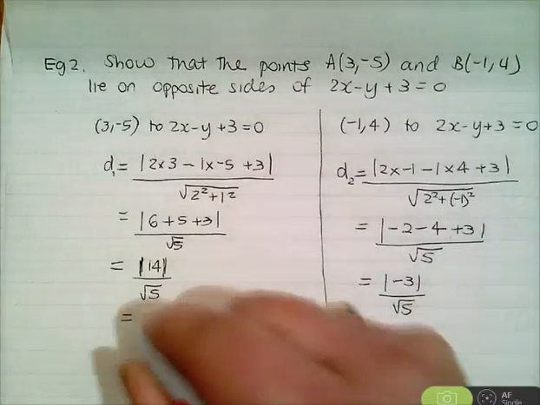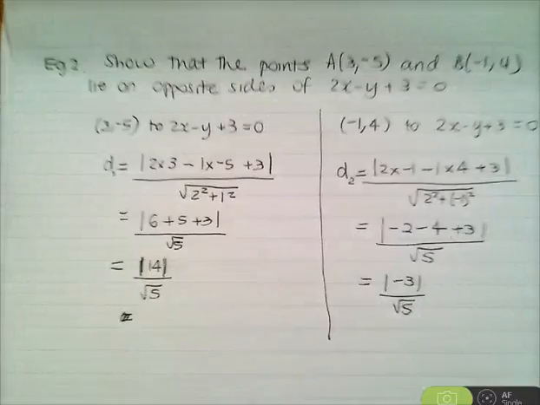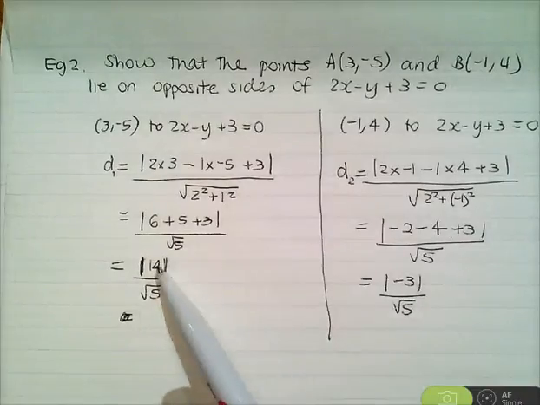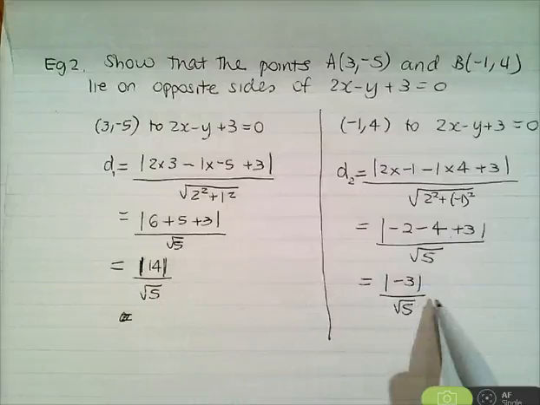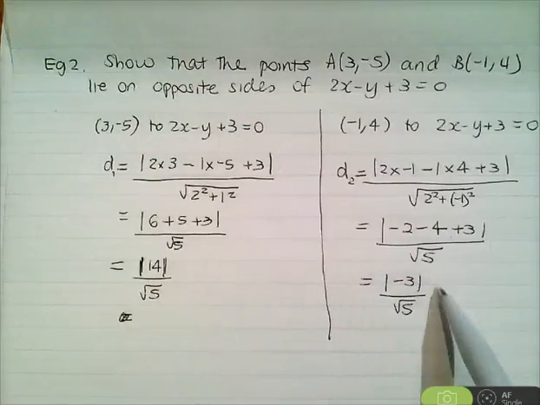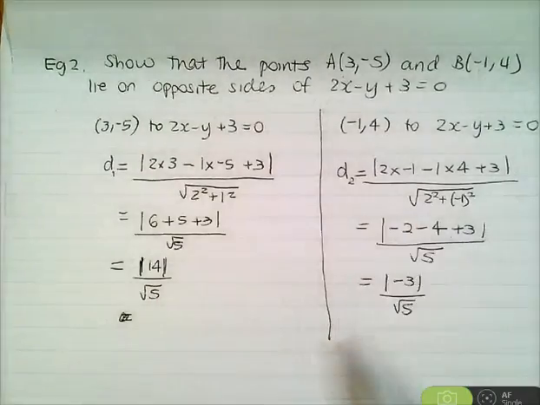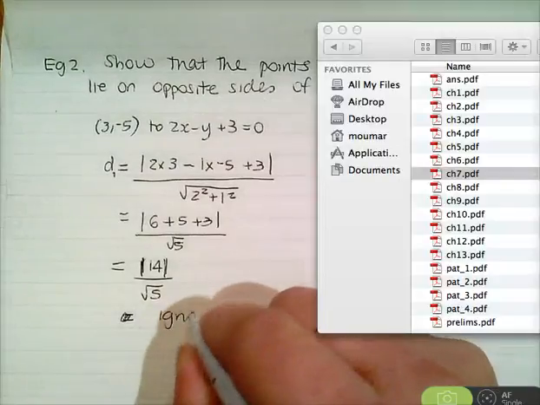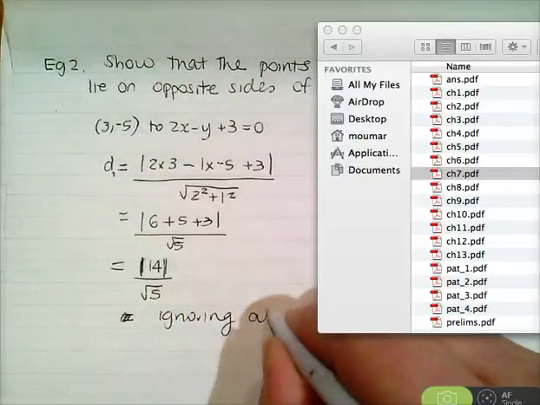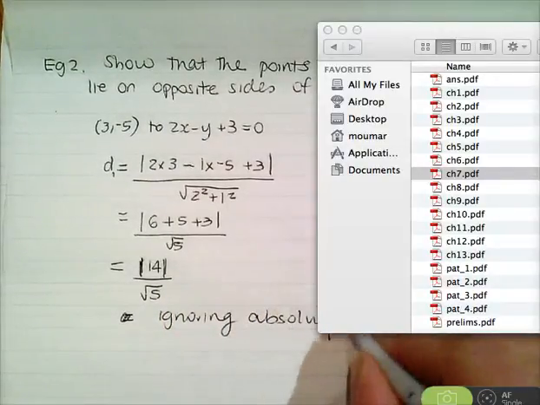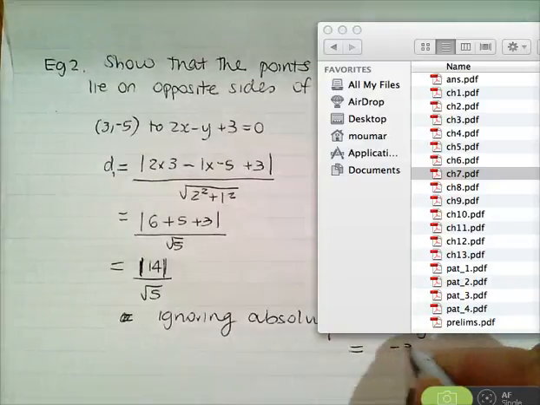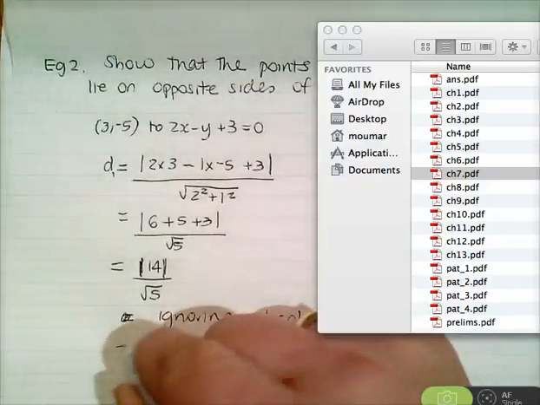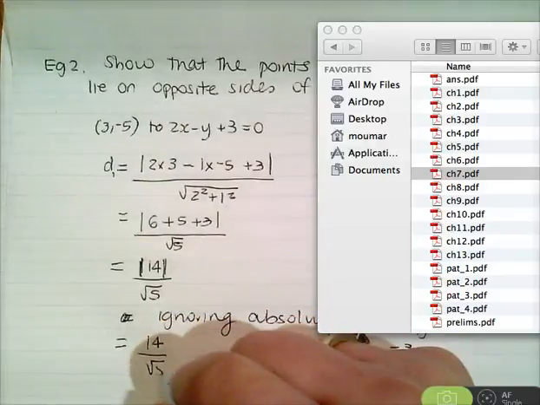Now, because what's in the absolute value sign here is positive, and what's in the absolute value sign here is negative, we know that points A and B lie on opposite sides of the line. And so, ignoring absolute value signs, we can say that this equals -3 over root 5, and this one equals 14 on root 5.